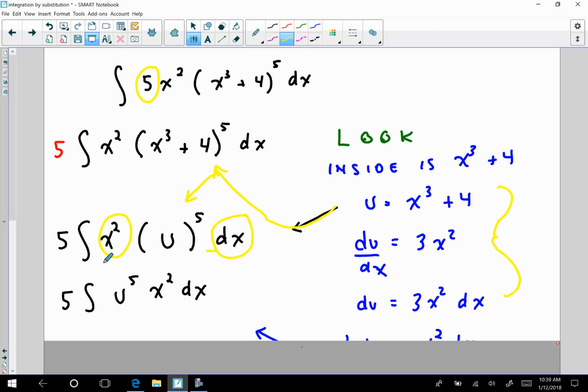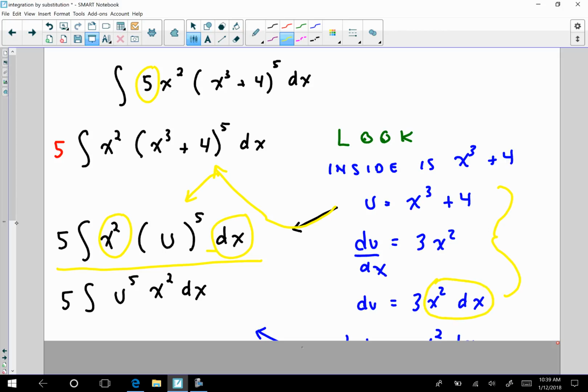And here I have a product, and I'm going to rewrite this whole thing here. This is just a product, x squared times u to the 5th times dx. And I'm going to group this x squared dx together, because I can see, oh, look, I have an x squared dx over here.